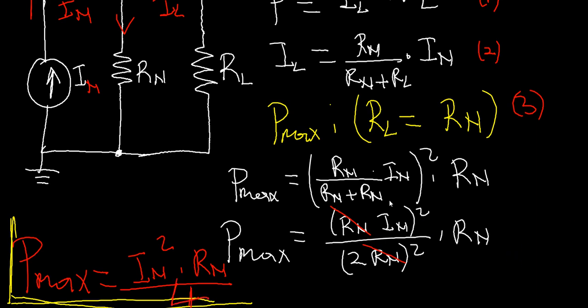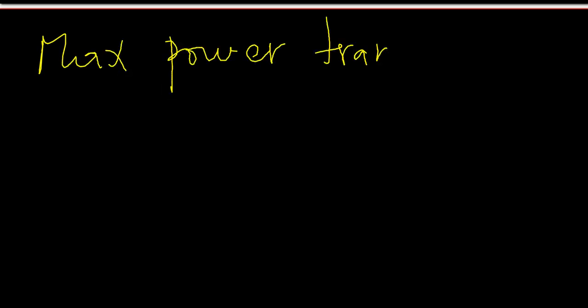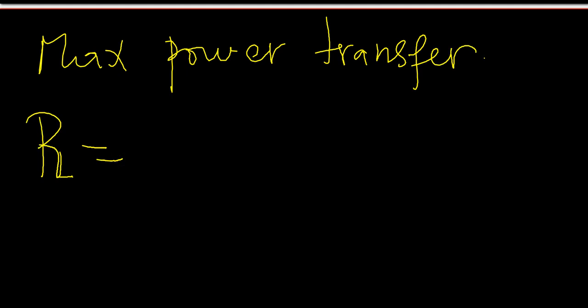So by conclusion, we can say that in order to get maximum power transfer, the resistance of the load should be equal to the resistance of the source.